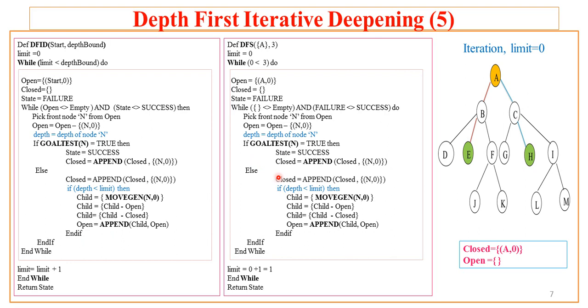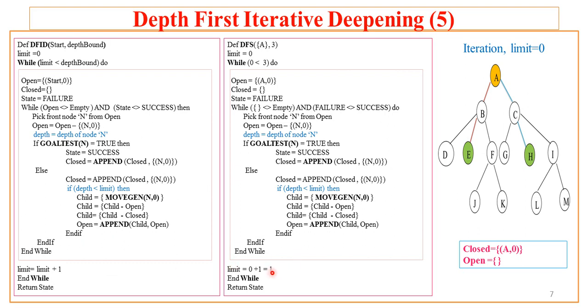So it will come out of this inner while loop. But it has something to do as a next step. What is that? So what is current limit? It is 0 plus 1. So this step, limit is equal to limit plus 1, will be executed, and now limit value is 1.